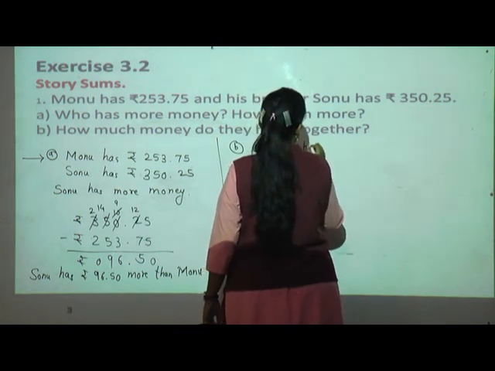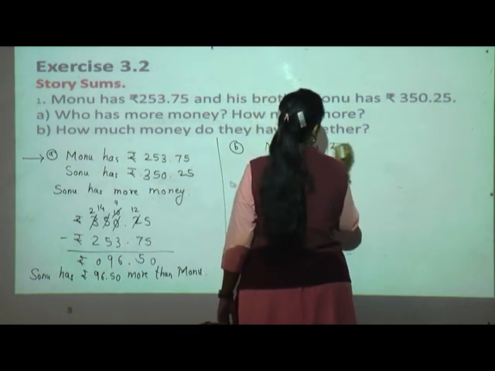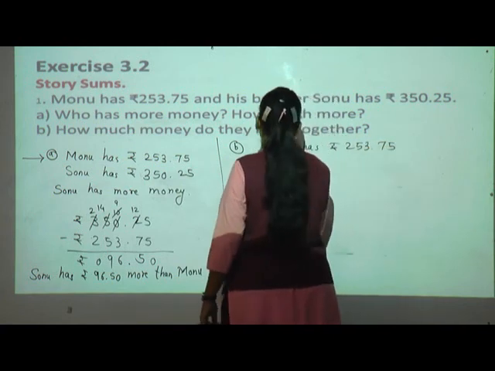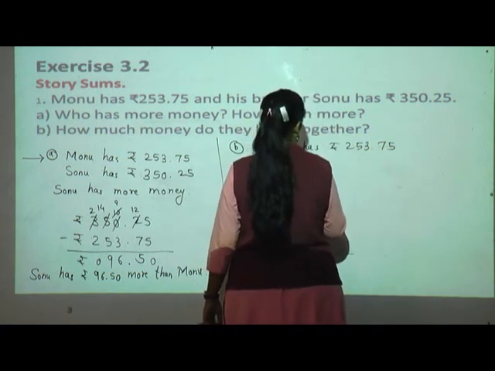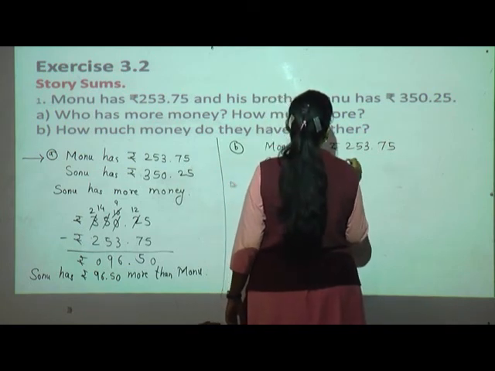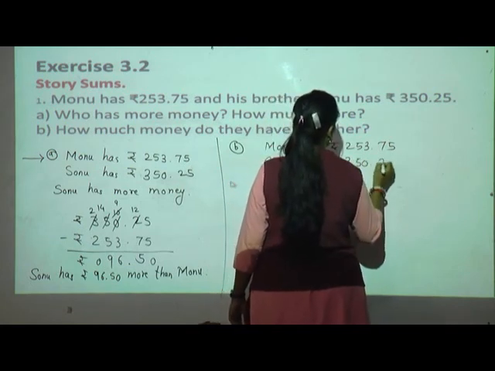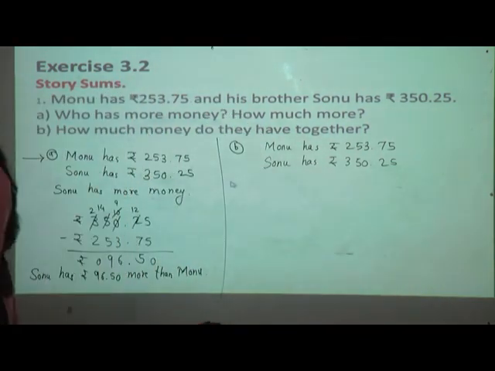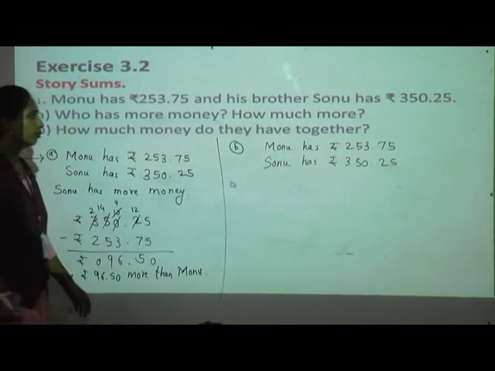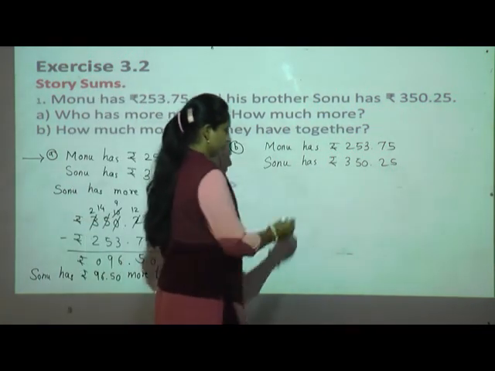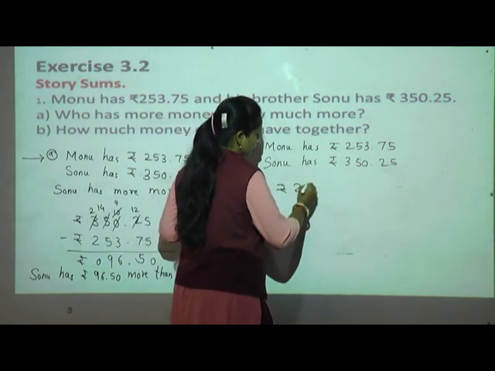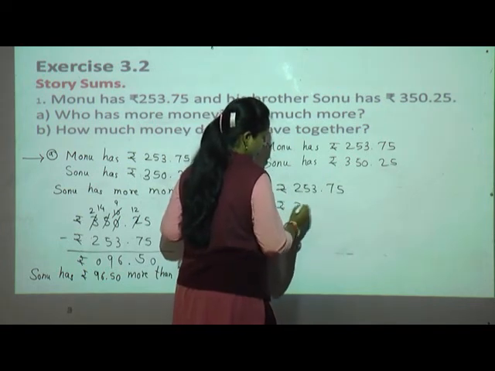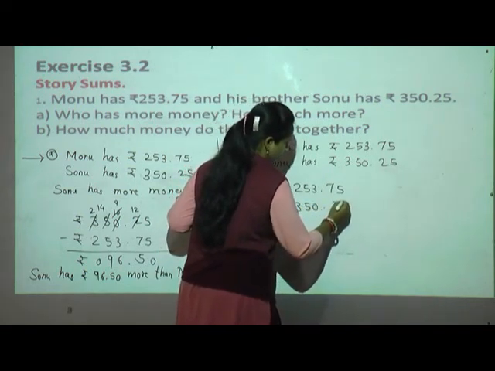So again I'll write once again. Monu has rupees 253.75 paisa and Sonu has rupees 350.25 paisa. Now we have to add both the numbers to get the B answer. I'll write here 253.75 and 350.25.